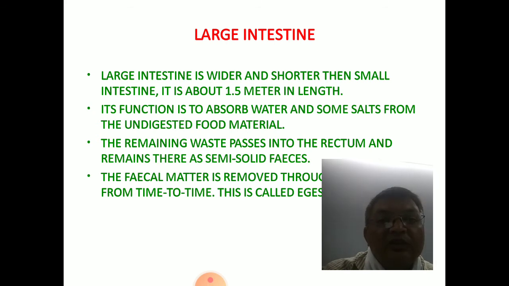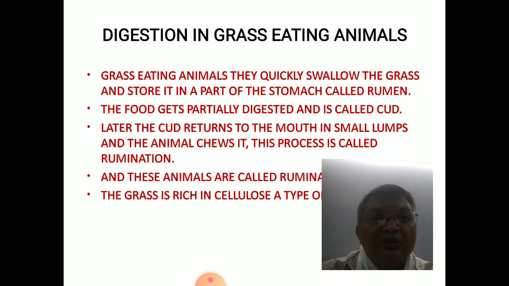Getting it? And this fecal material is removed through the anus from time to time, and this we call egestion. So I hope this idea of digestion of food is clear in your mind.